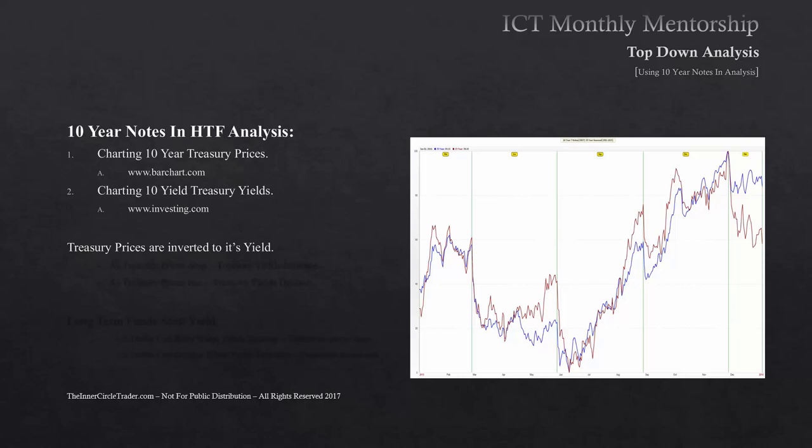Treasury prices are inverted to its yield. As Treasury prices drop, that means the futures contract for the 10-year Treasury notes, when that price drops on the chart, that shows a Treasury yields increase. As Treasury prices rise, Treasury yields decline.